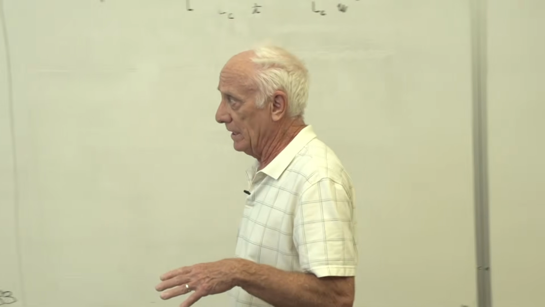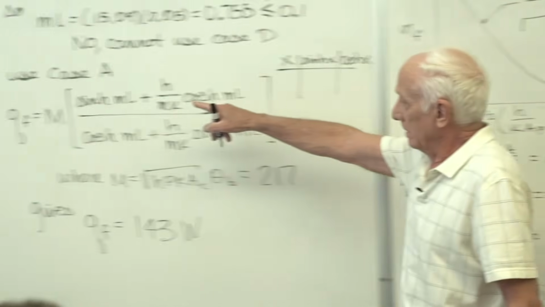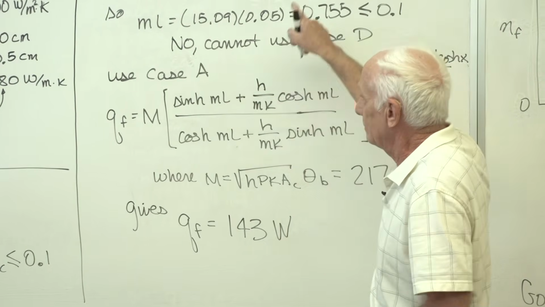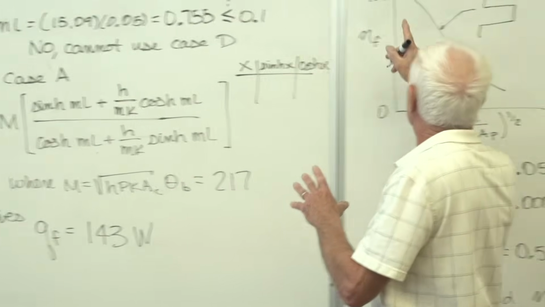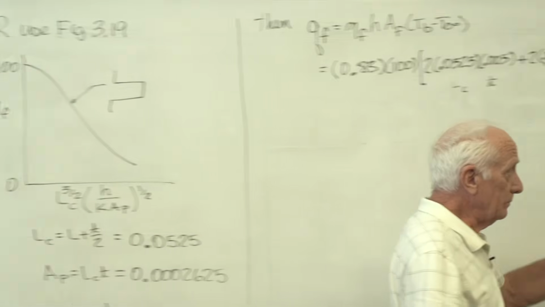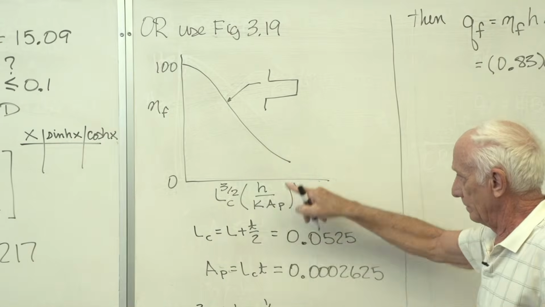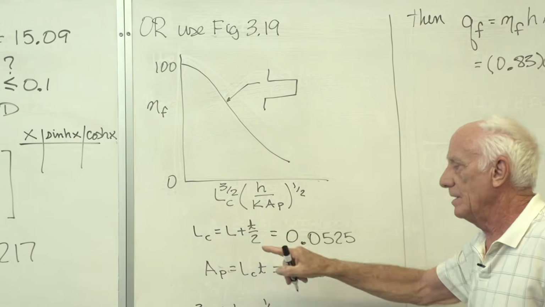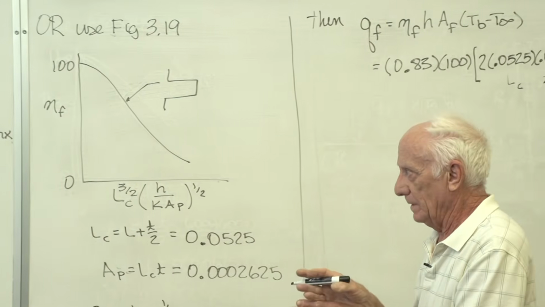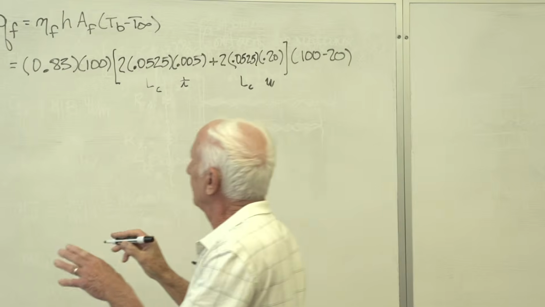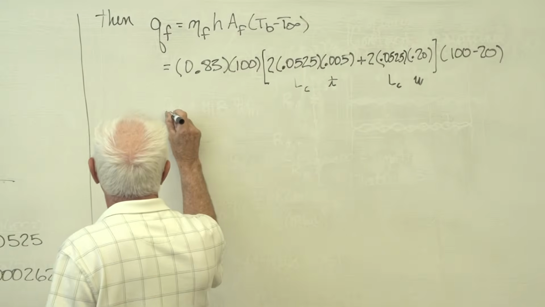So the rules of the game change. Over here, yeah, we used L. When we go and use figure 3.19, we use L sub C everywhere, as the graph tells us to do. There it is, right there, which assumes the fin tip is adiabatic.